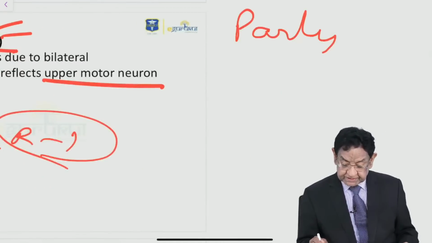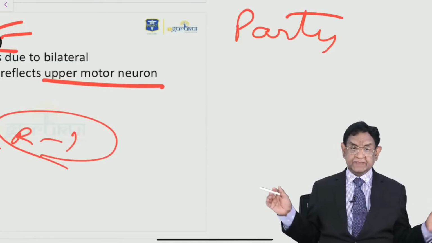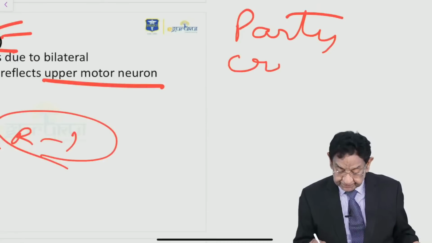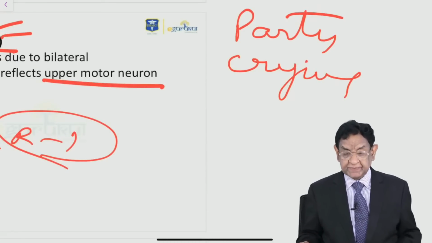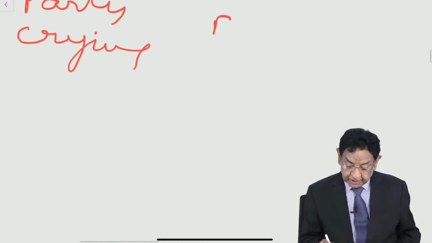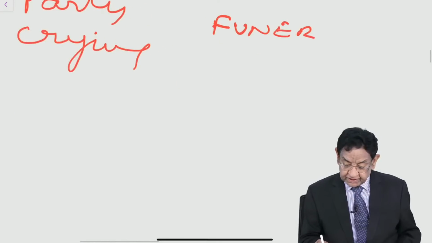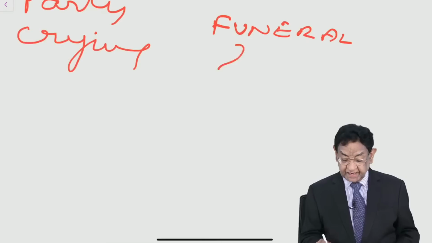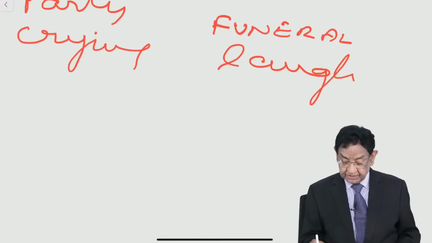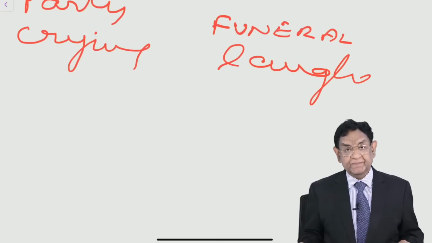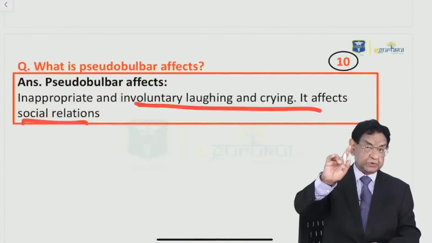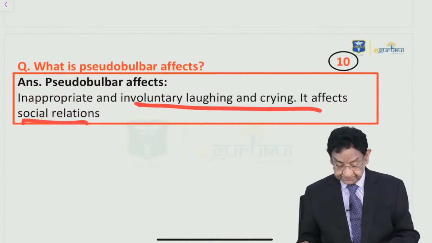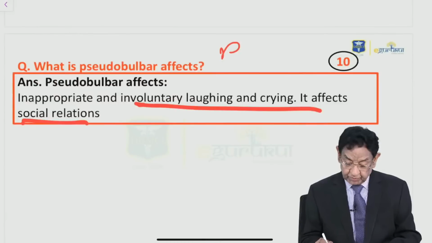In the party, he is supposed to enjoy, laugh, dance, but he starts crying there. It's an abnormal behavior. Crying in the party, or he goes to a funeral. In the funeral, he is supposed to cry. Here he laughs. This is an abnormal behavior. And this is known as pseudobulbar affect. And this is seen in pseudo-bulbar palsy. Rank number 1 question.